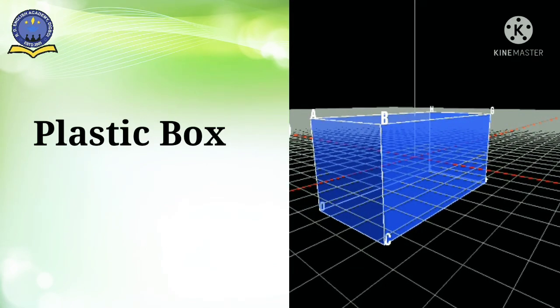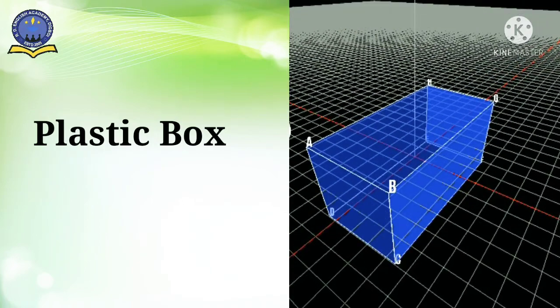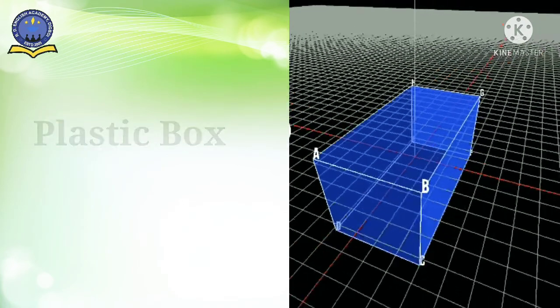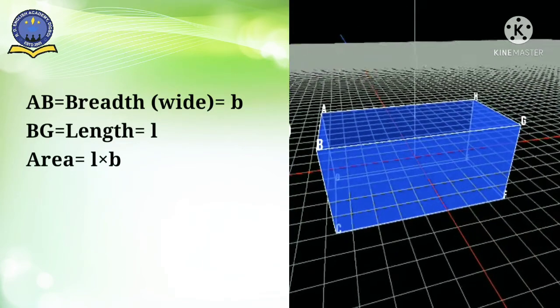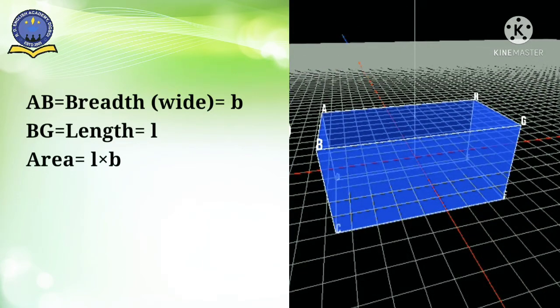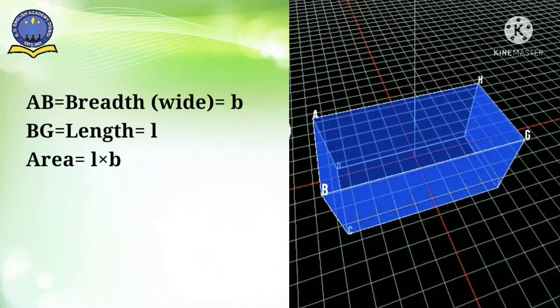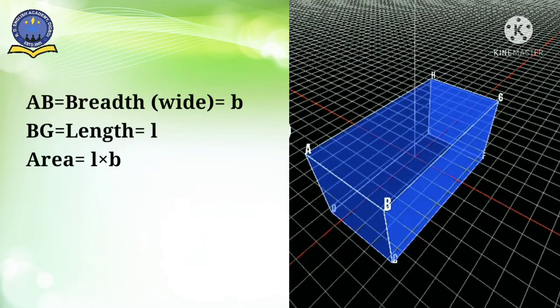If the top part is open, AB we consider breadth and BG we consider length. The area of the top part ABGH is length into breadth. So one length into breadth part we have to ignore.